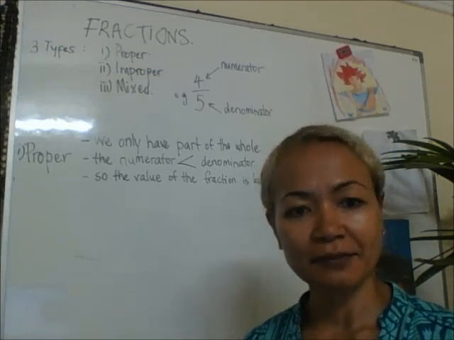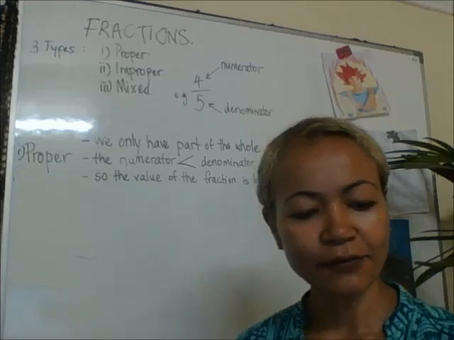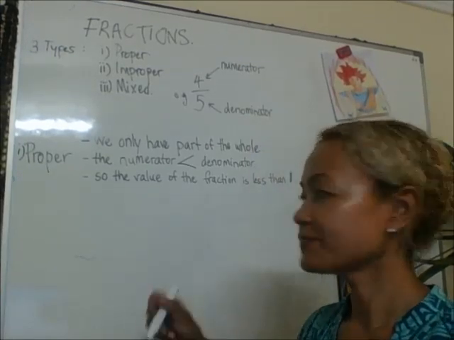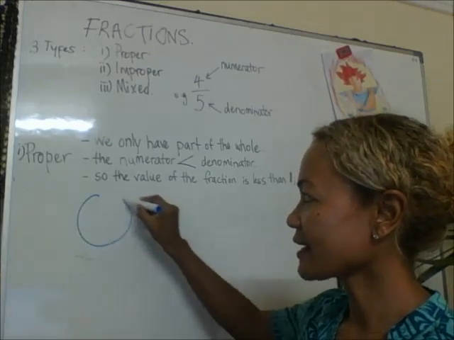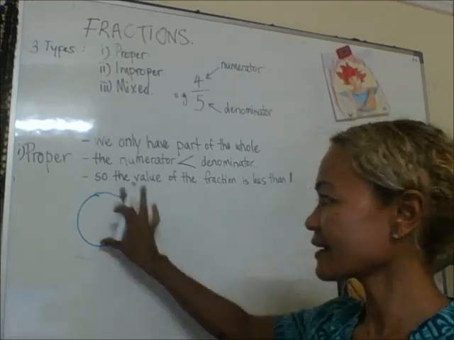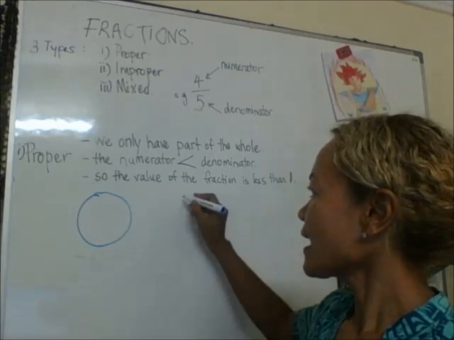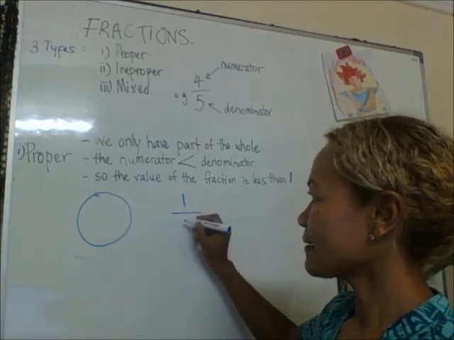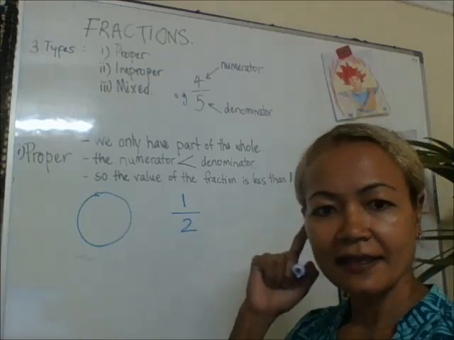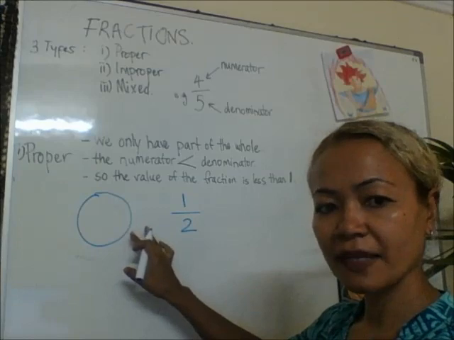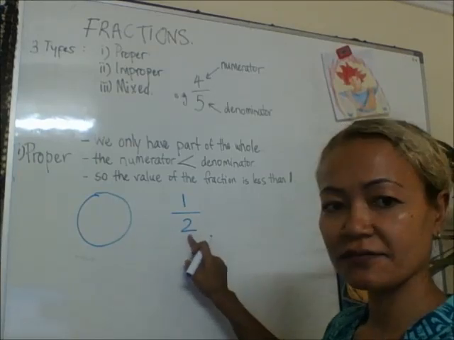So, for example, let me draw here, if we had a whole circle, say that is the whole. I'm doing a graphic illustration of this fraction.